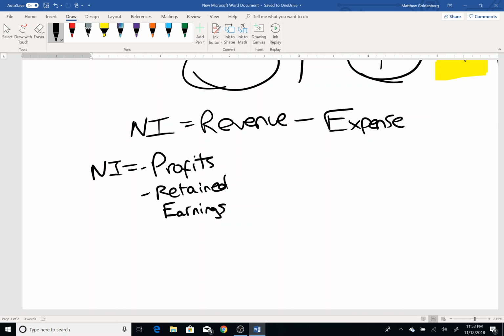And this makes sense. If you take your expenses away from your revenues, whatever's left over is what you make that year. If you are selling burritos and you sell $200,000 worth of burritos and it costs you $200,001 to make them, you're losing $1 that year in your business.